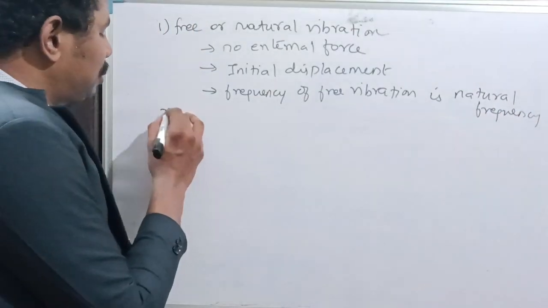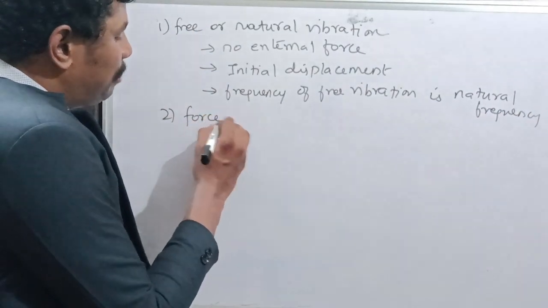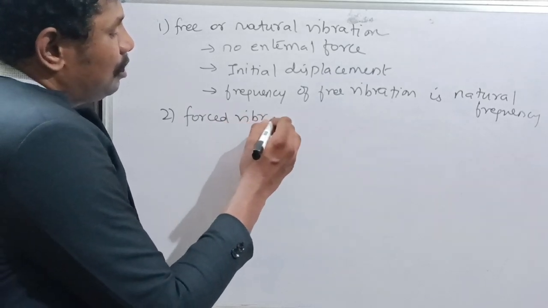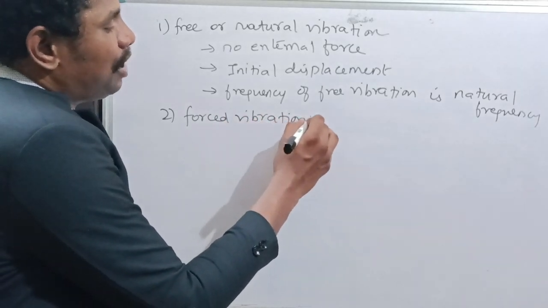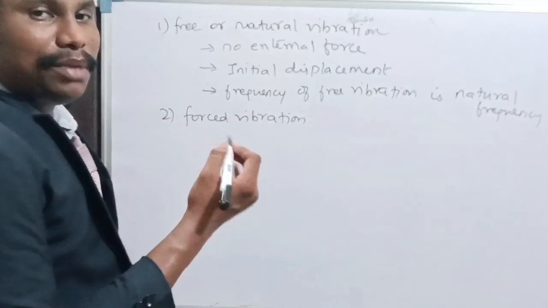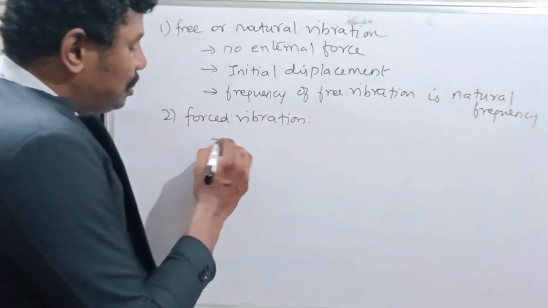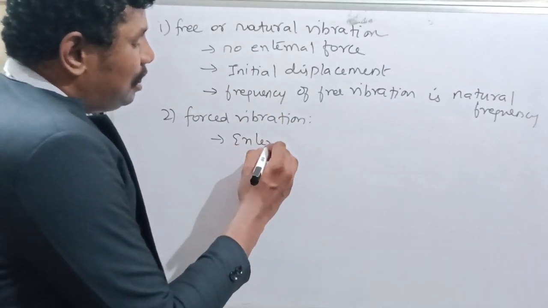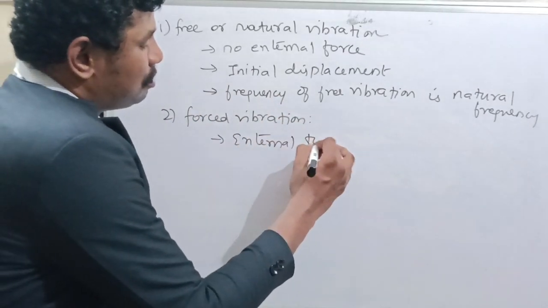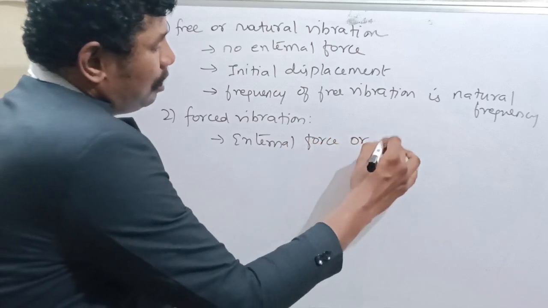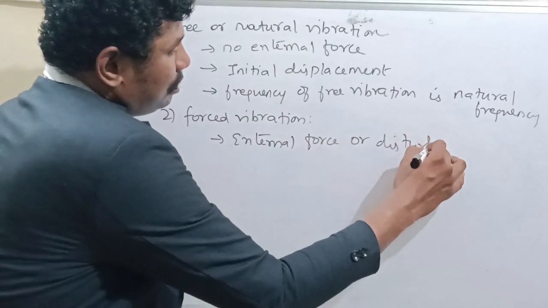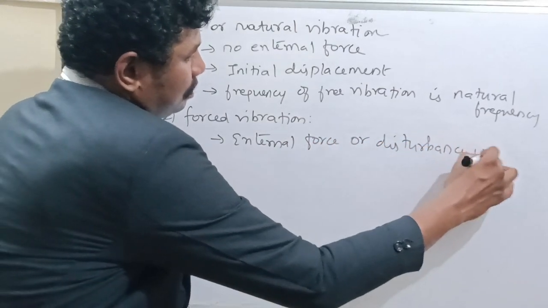And the second one is forced vibration. As the name itself indicates, we are going to give vibration because of some external force. In this case, an external force or disturbance is involved.